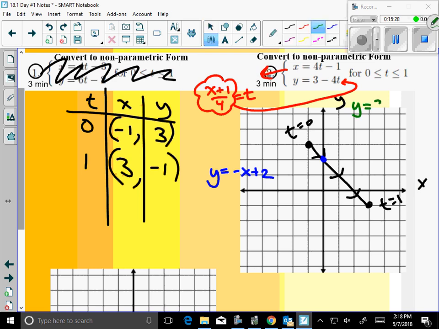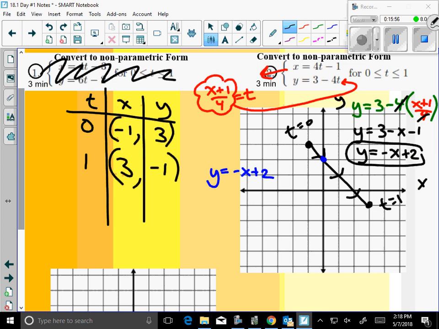That would be y equals 3 minus 4 times t, which is x plus 1 over 4. So what will happen to those 4s is they'll go away. And I'd get y equals 3 minus, now this is where you've got to be careful, distribute that negative, x minus 1. So when I simplify, I still get negative x plus 2. So a couple different ways to get there. Right?